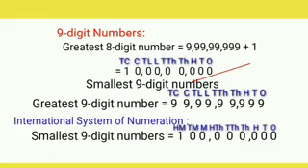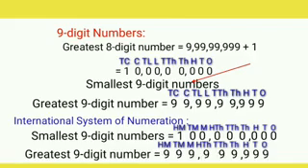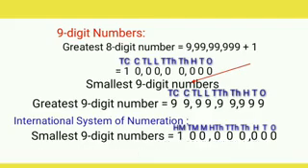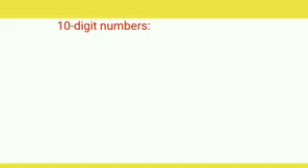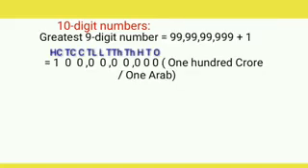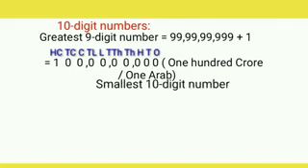In the international system of numeration, the smallest 9-digit number is 100 million and the greatest 9-digit number is 999 millions, 999,999.